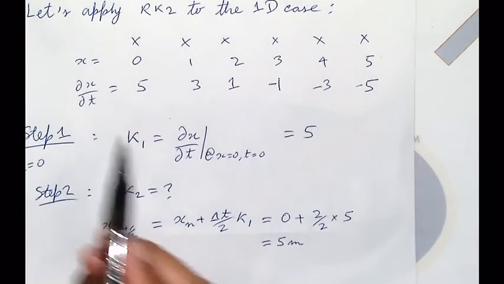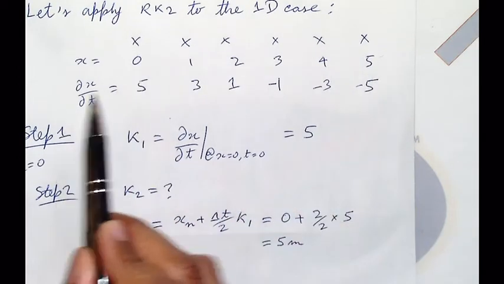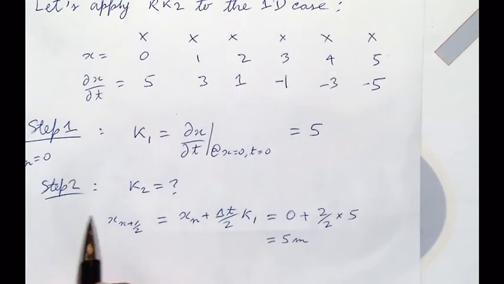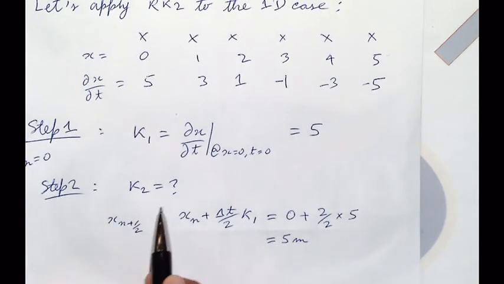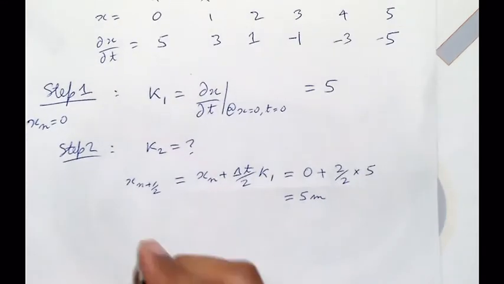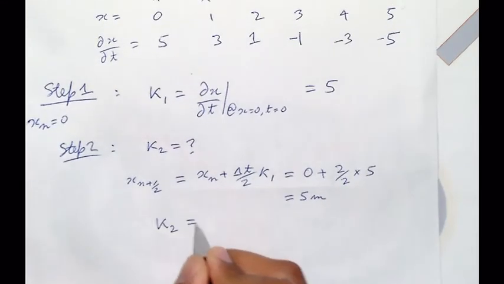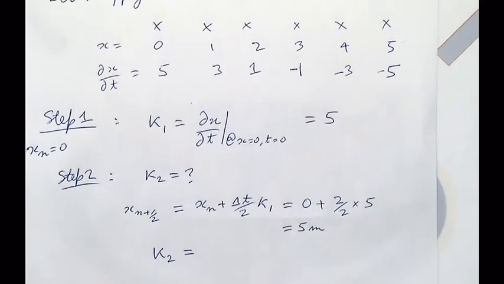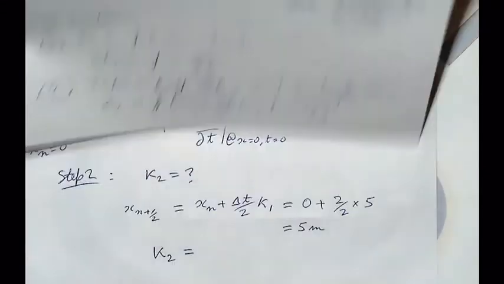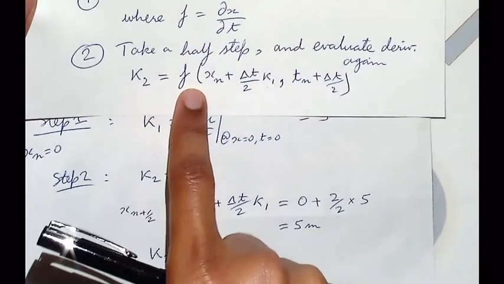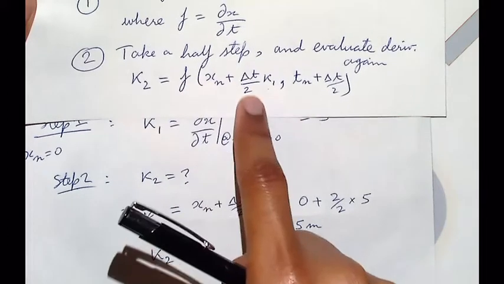Okay, so at all these x points, we know the velocities, and we've taken half a step in time, and we've gone 5 meters, right? So K2 is what? Can we bring back the formula? K2 is the derivative at this half step.